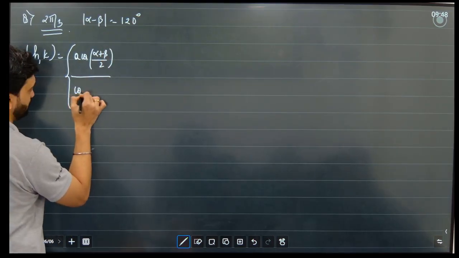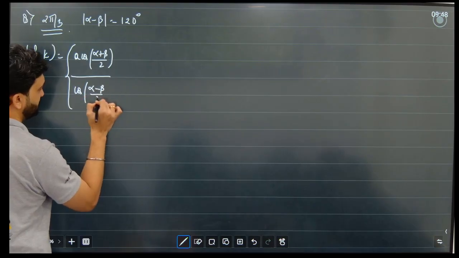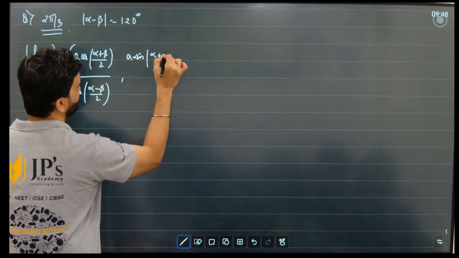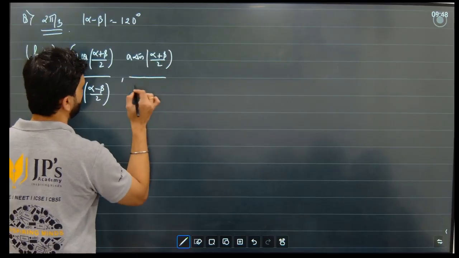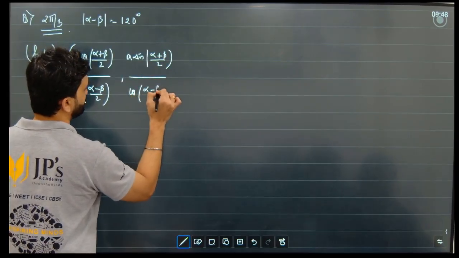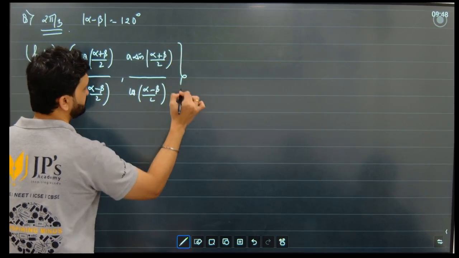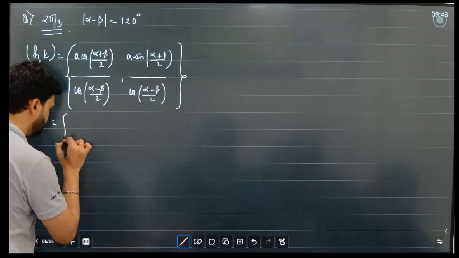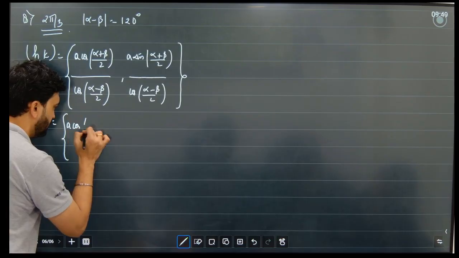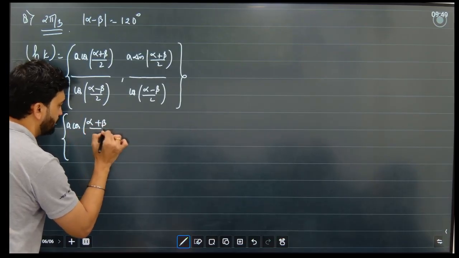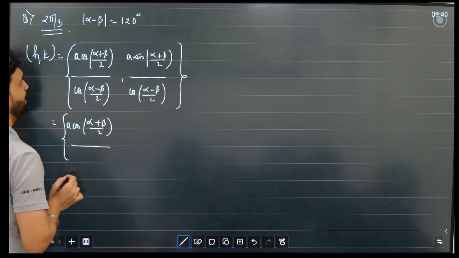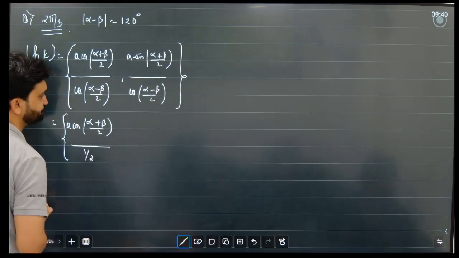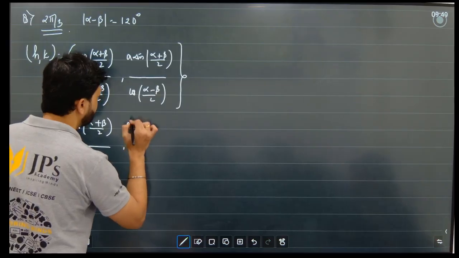If I substitute in this formula, alpha minus beta by 2 is 60, and cos 60 is half.